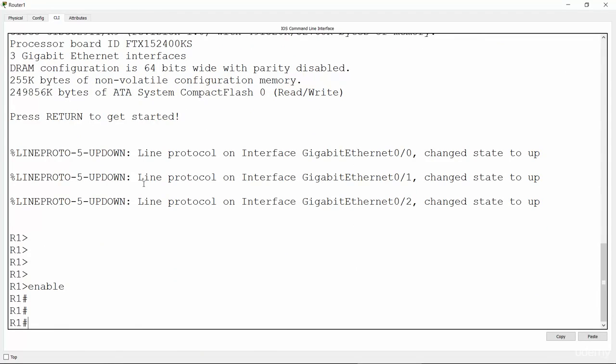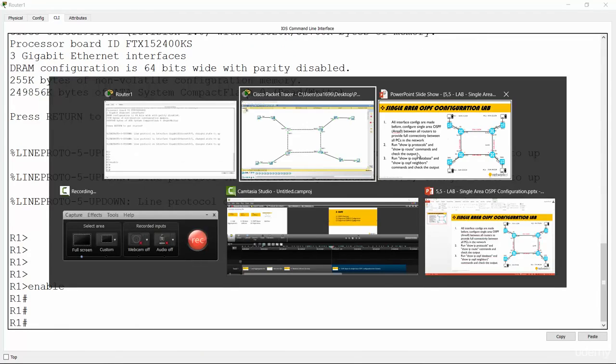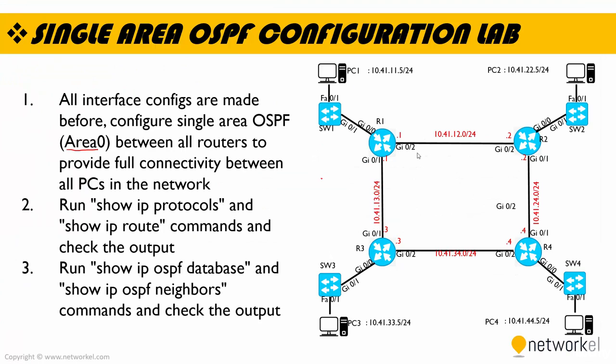But I'm gonna show you where router 1 is connected first. Router 1 is connected to 3 different networks. As you can see, it's 11.0 network, it's 12.0 network, and it's 13.0 network.